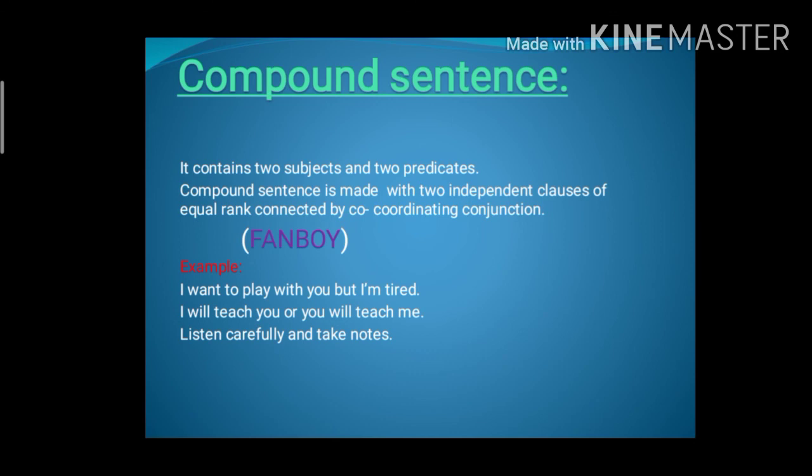So a compound sentence may be defined as one that contains two subjects and two predicates. It means a compound sentence requires two independent clauses of equal rank connected by a coordinating conjunction, and there must be a logic between these two clauses.